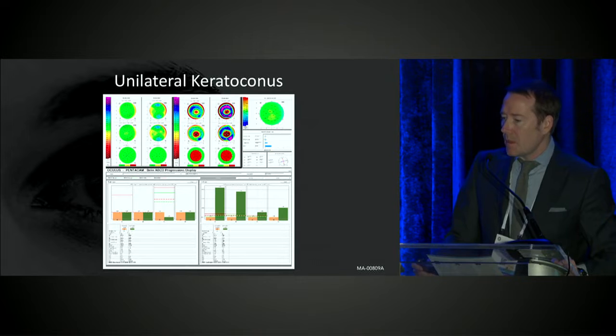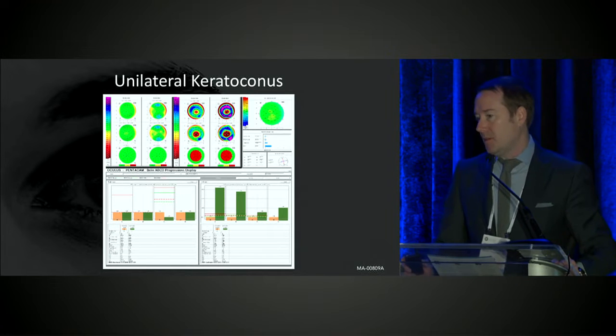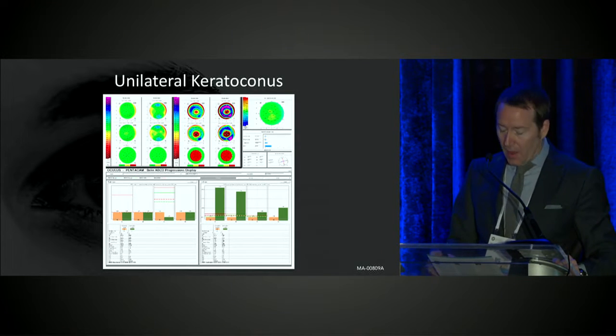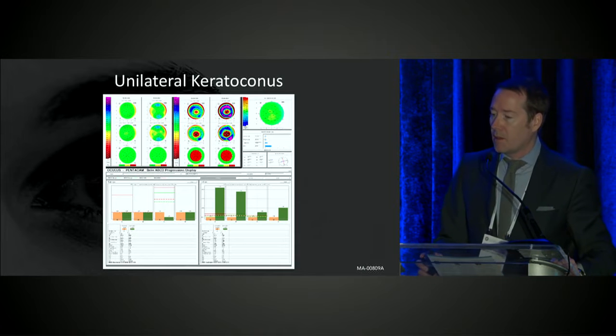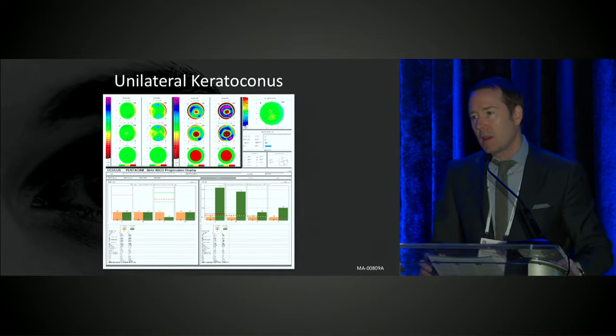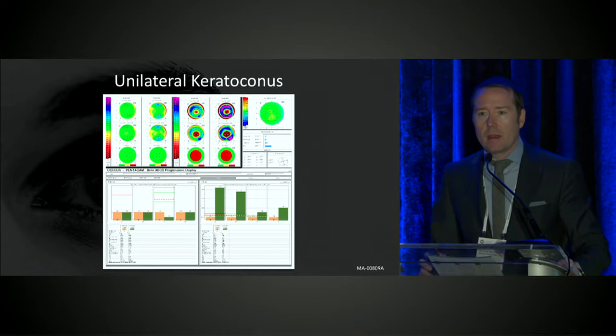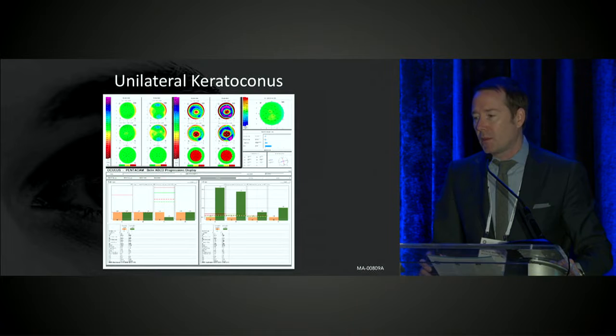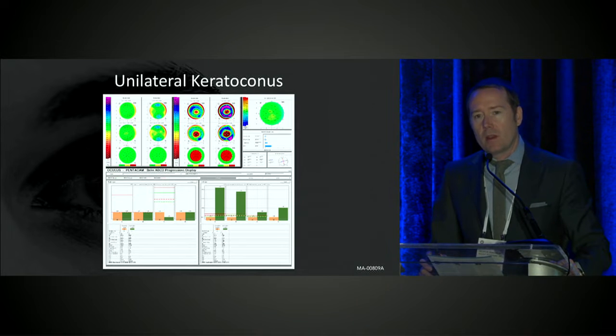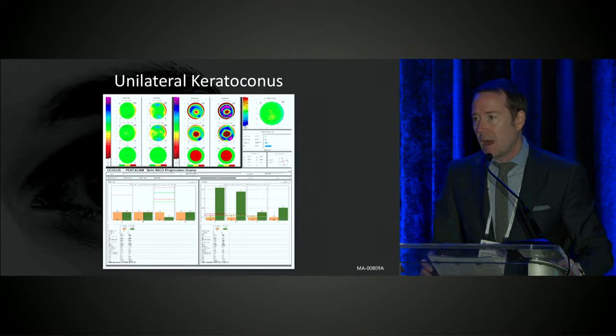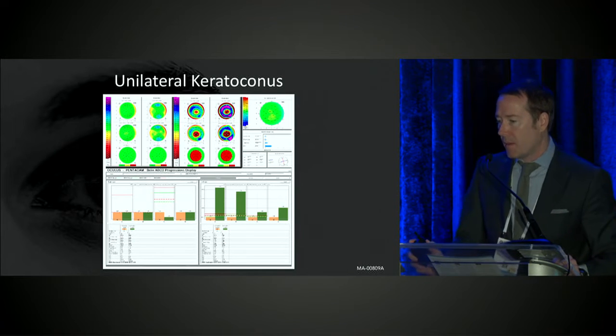Now, here's an interesting case. This is what is thought to be maybe a real case of unilateral keratoconus. Most of us would agree that this is something that may be what we call a prospective forme fruste case, where there is an underlying weakening in the seemingly normal eye that has just not manifested itself yet.